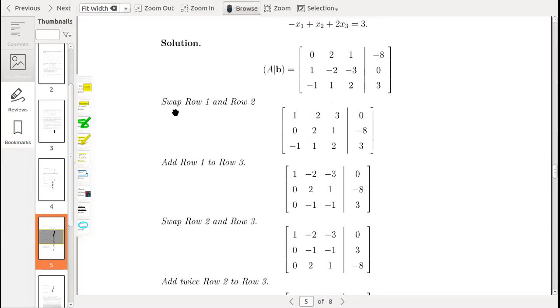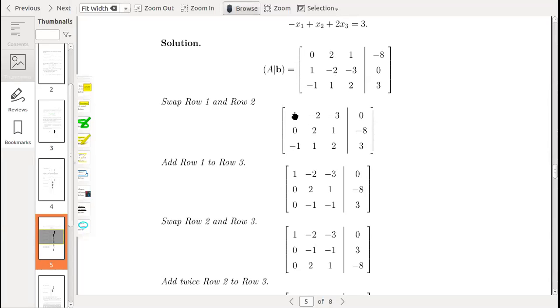So that's why we swap row 1 and row 2. We interchange row 2 with row 1. Now this is the non-zero element. And what we have to do next, in the same column, we have to reduce this minus 1 into 0. How can we do it?